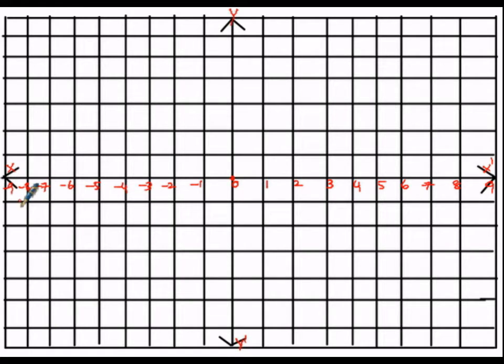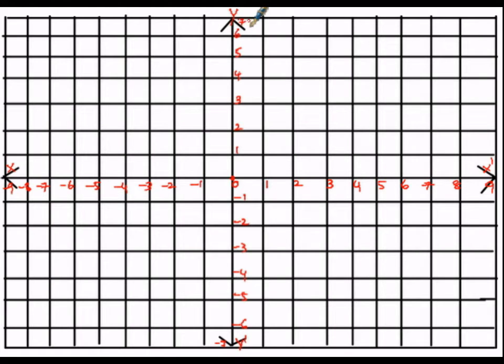Similarly, on the y axis, downwards, they are negative values: -1, -2, -3, -4, -5, -6, and this will be -7. Towards up, this will be positive 1, 2, 3, 4, 5, 6, and this will be 7.